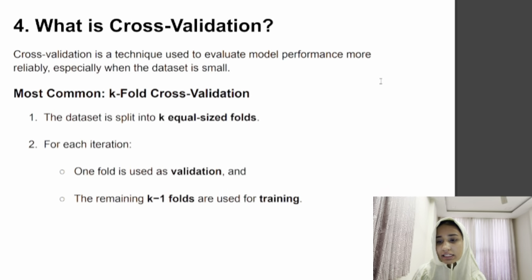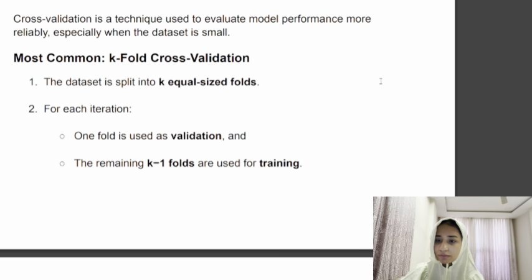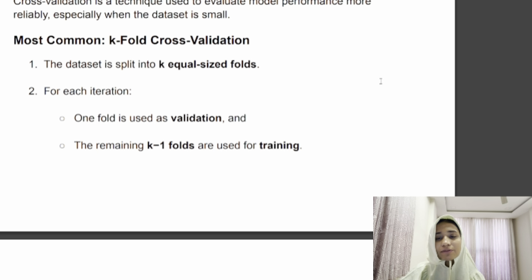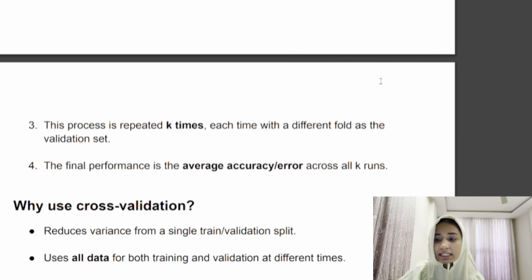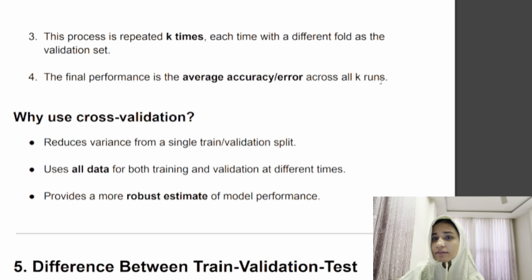For each iteration, one fold is used as validation and the remaining k minus 1 folds are used for training. The process is repeated k times, each time with a different fold as the validation set.